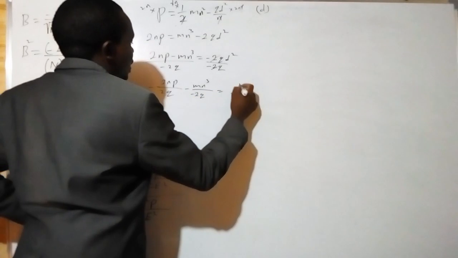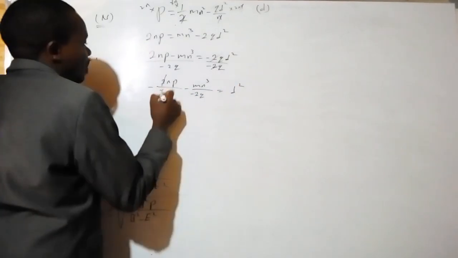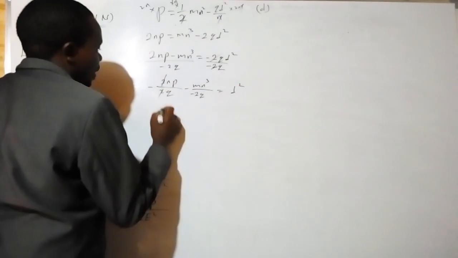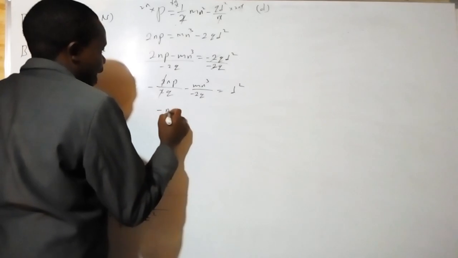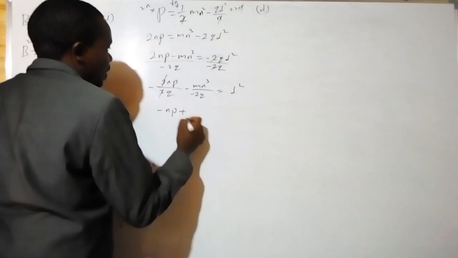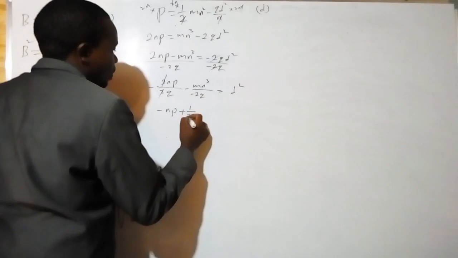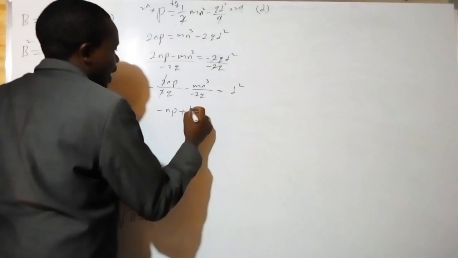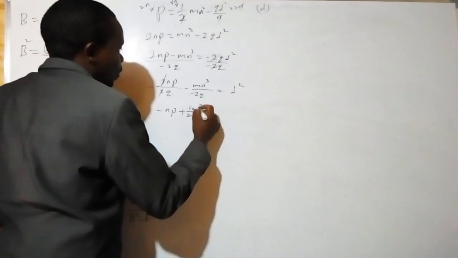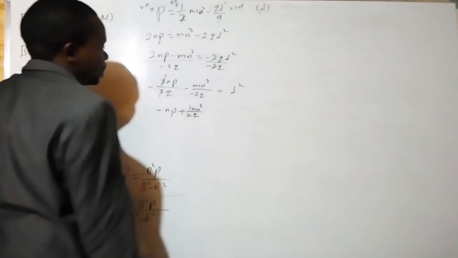We divide by 2 and by 2, and so negative np, negative over negative gives positive, 1 over 2 mn cubed over q, is equals to d squared.